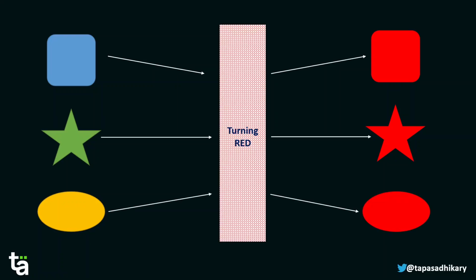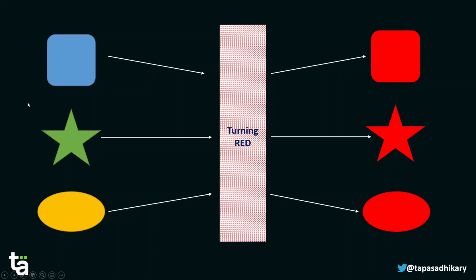Now think about a situation: if you have to write the programming logic for turning the color of the shape to red, and you have to do it for each individual shape, you will be writing the logic inside this shape, the same logic inside this, and the same logic inside this. So it means you are writing the same logic three different times, to enhance a property of each of these shapes, which is nothing but the color, from its existing color to red.